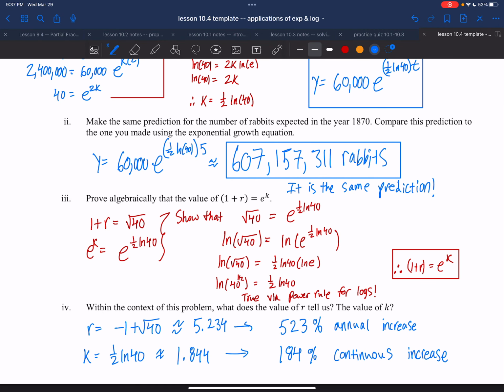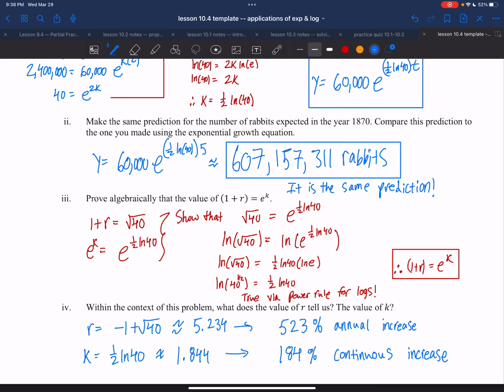So what does this mean? Which model might we prefer to model this population growth? Well, if you're analyzing the rabbits on a yearly basis, saying every year this is what our rabbits are going to be, you would use the first one. We'd say the rabbits every year are growing by about 523% of what their population was the previous year.